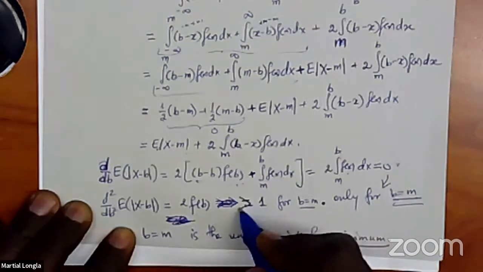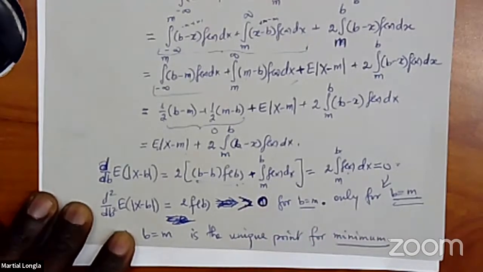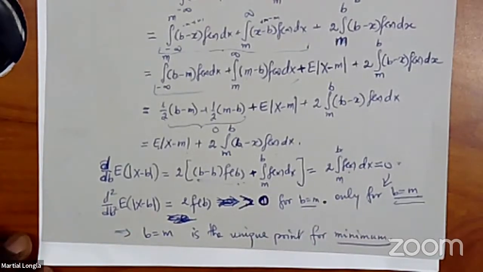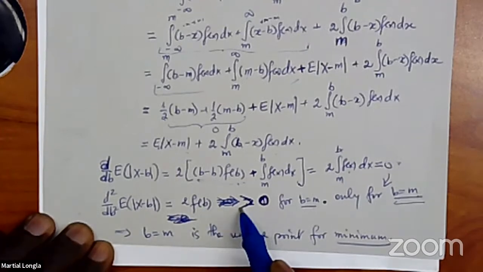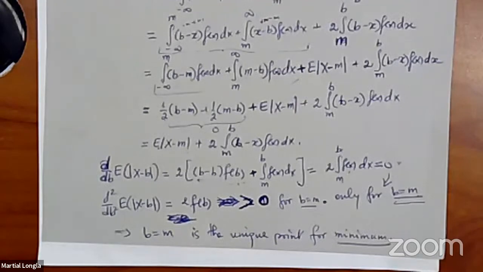Technically, I think something stupid here. It's not supposed to be that. It's not 1. It's 2f of b, and it is strictly larger than 0 because m being the median, it's surely not at the beginning of the interval where the density is equal to 0.